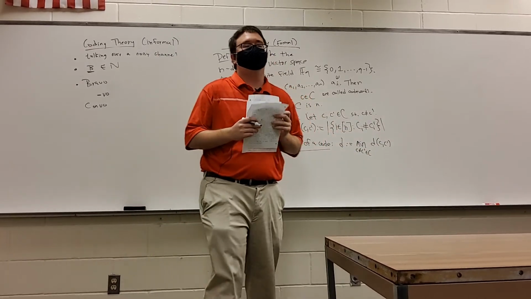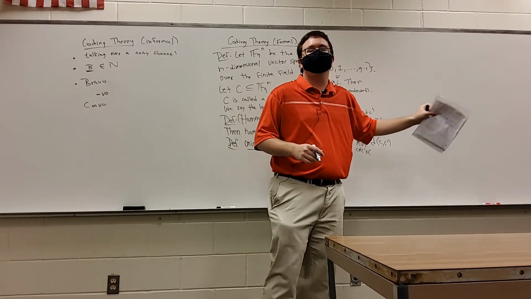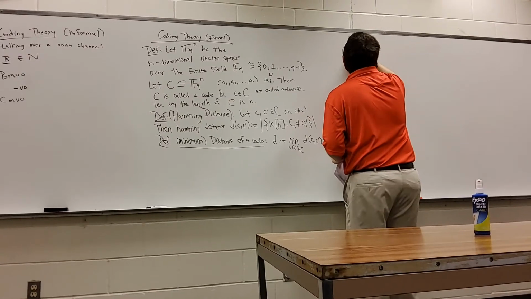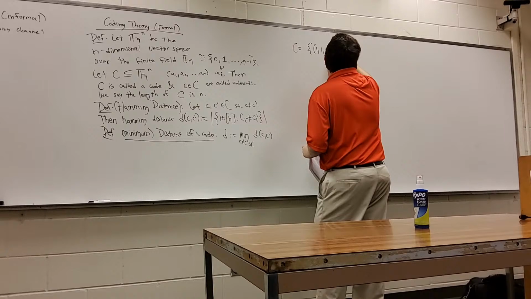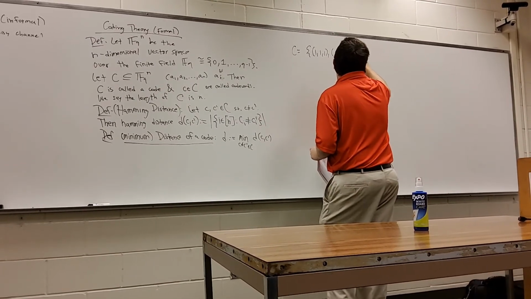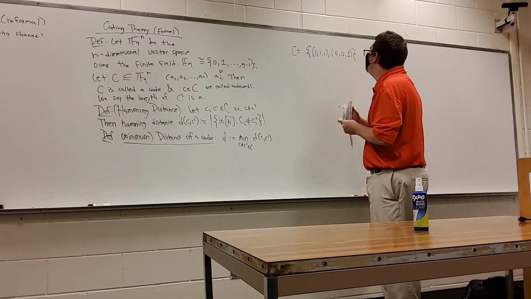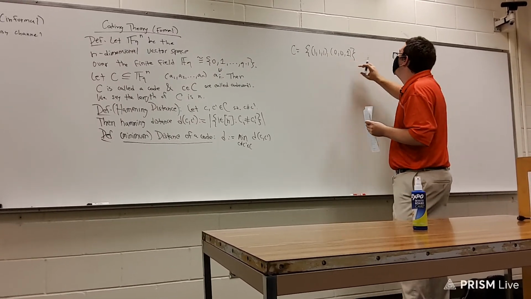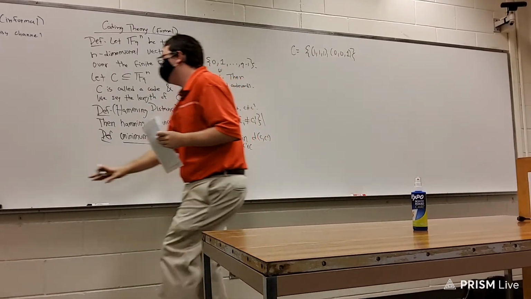So just as an example, can I go here or is it too far over? Not yet, you keep going. Okay, so if you had your C being 1, 1, 1 and 0, 0, 1, say these were your two code words, then the minimum distance between these two, or actually, sorry, let me throw in a third.